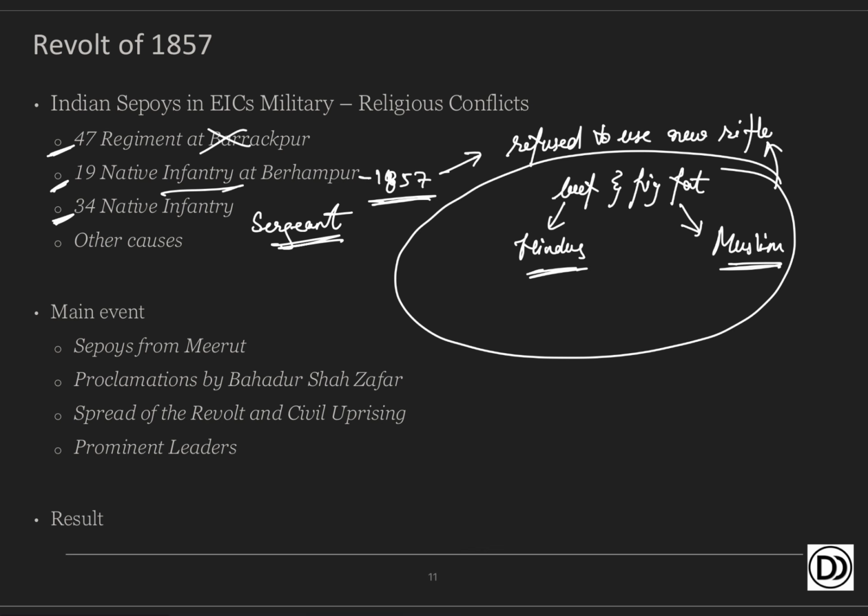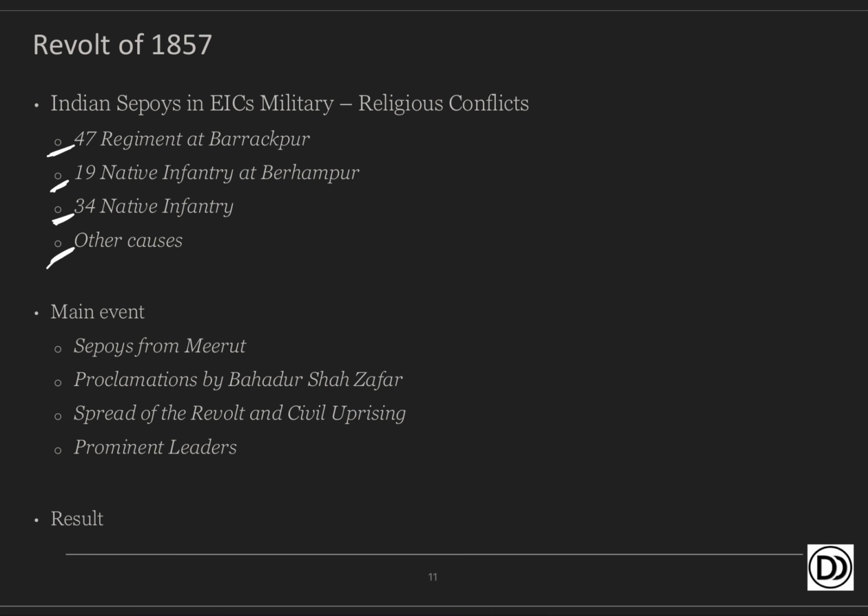So there was religious tension. The situation developed in many regiments. So such other causes were there, rumors were there, some reports were there. So religious tension was simmering up. So because of all these events, there was a situation developing across the country in different regiments.